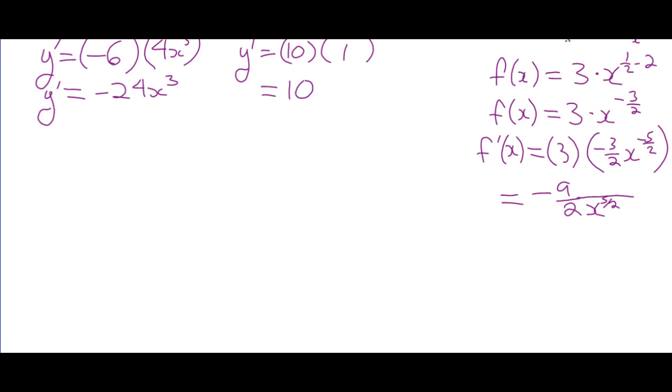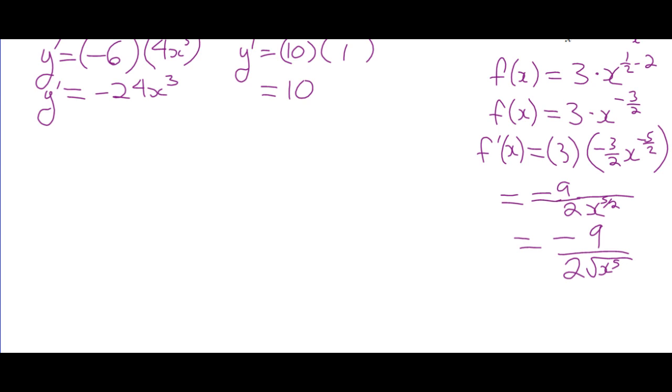Okay, so it's going to be -9 over 2 x to the 5 halves, or -9 over 2 square root x to the 5th. Right. So it's just the definition of x to the 5 halves, right?